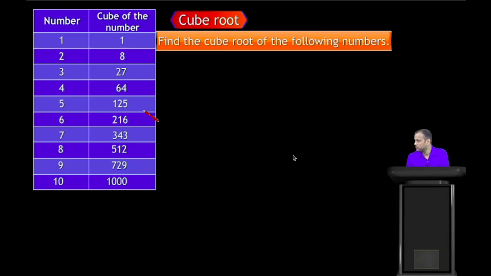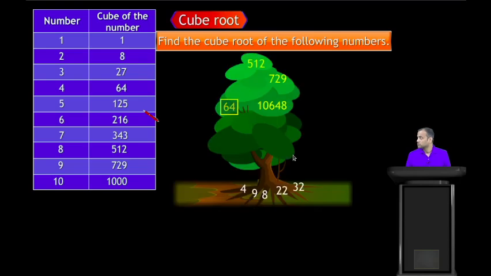Now find the cube root of the following numbers. Some numbers are given to you and you have to find their cube roots. This is our big tree, the same tree we have seen in square roots also. Now we have to find the cube root. What is the cube root of 64? I think you can guess very easily by looking at this table.